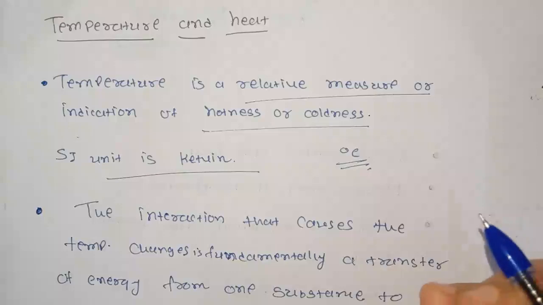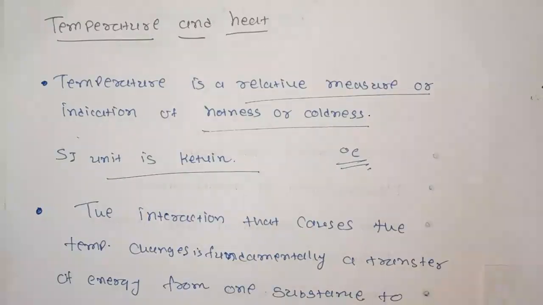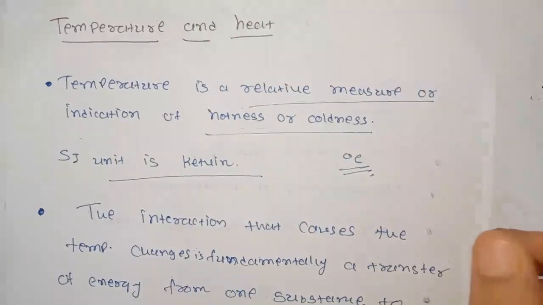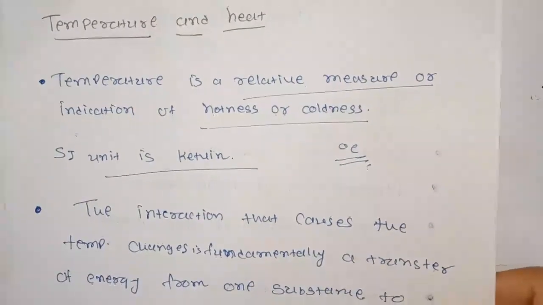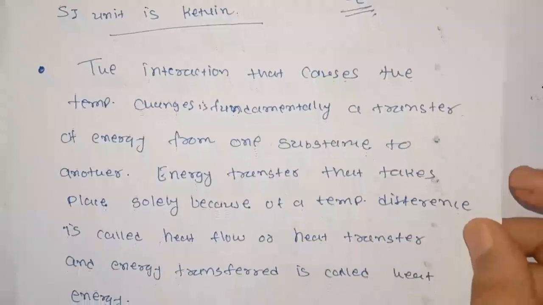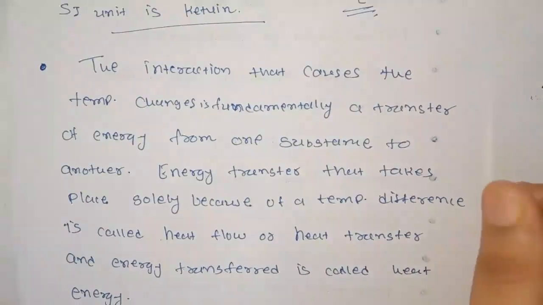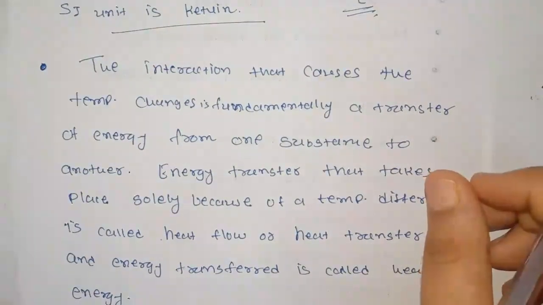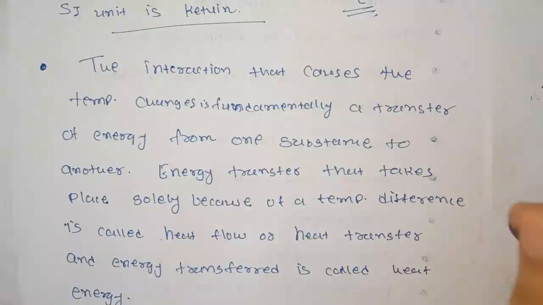The interaction that causes the temperature changes is fundamentally a transfer of energy from one substance to another. Whenever two bodies having different hotness or different temperatures are kept in contact, then heat will flow, that is, energy will flow to change their temperature.